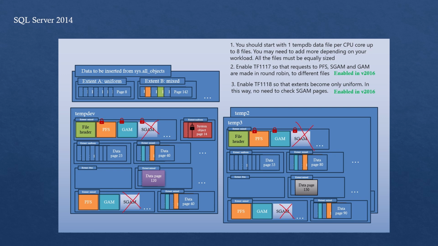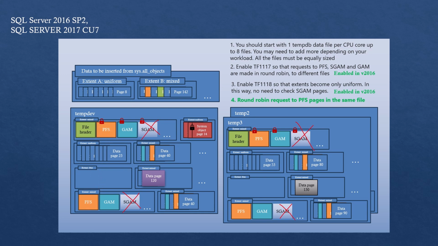It's already there. In SQL Server 2016 SP2 and SQL Server 2017 CU7, Microsoft made a further improvement and added round-robin requests to different PFS pages in the same file this time. Before, we had round-robin between files, right? Now Microsoft enabled round-robin among the PFS pages in the same file.